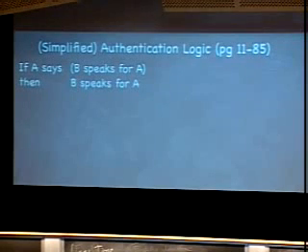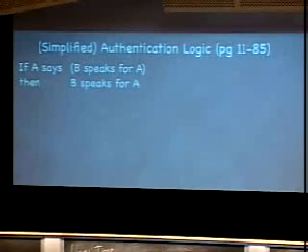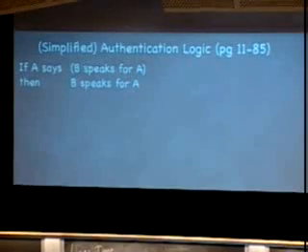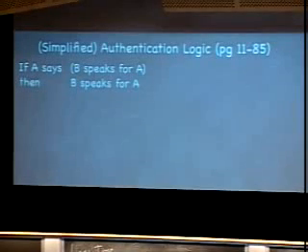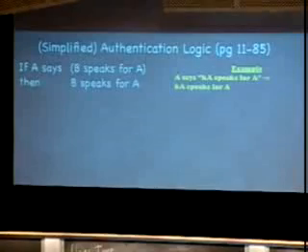So for A to say something, we have to actually believe that it was A. This can't be a message, for example, that we received over an untrusted network. It has to be, you know, I sat next to A in the hall, and A actually said, B speaks for me. In this case, B might be, for example, some key. So A might say, my public key is KA.